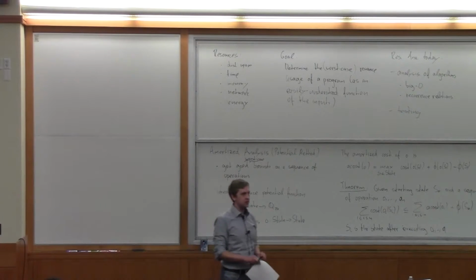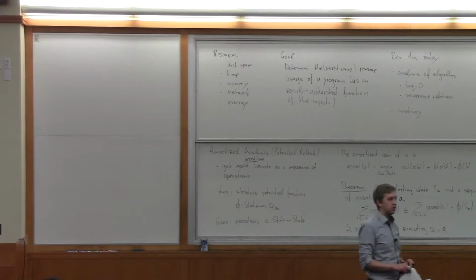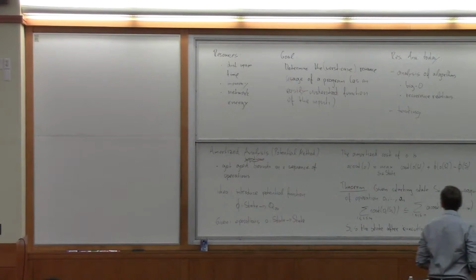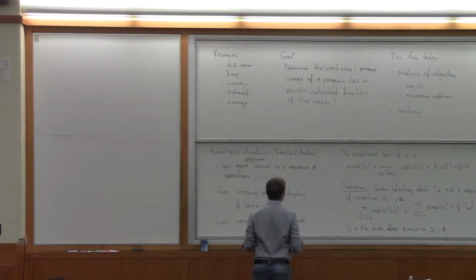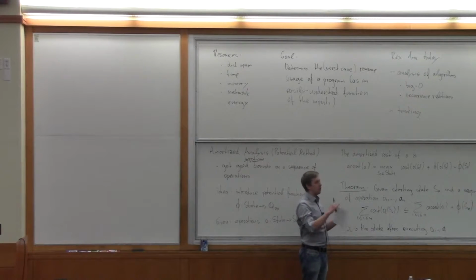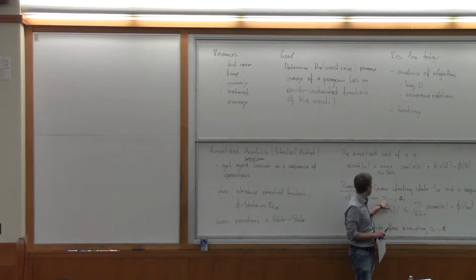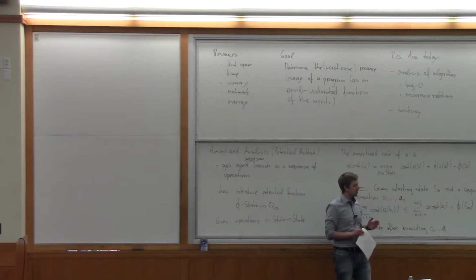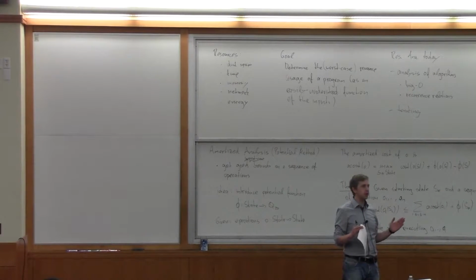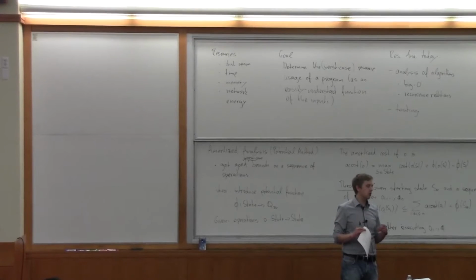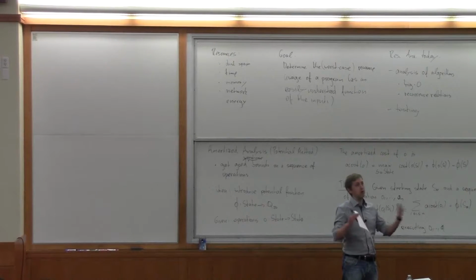Well, you'll see it in a moment. It's kind of like evening out the cost of the operation. So it'll become more clear when you see an example. You have these operations that you execute. Maybe it's just one operation, and sometimes the cost of the operation is high. For instance, we had this example where you use an array to implement a set. Sometimes when the array is full, you have to double it.